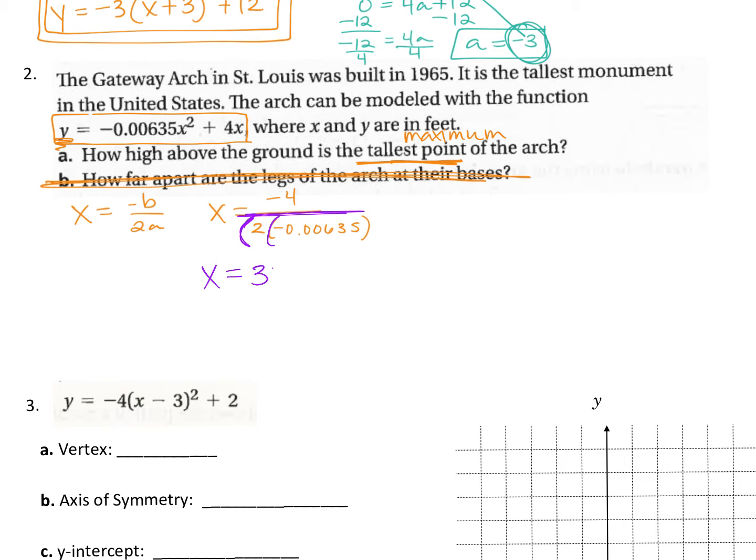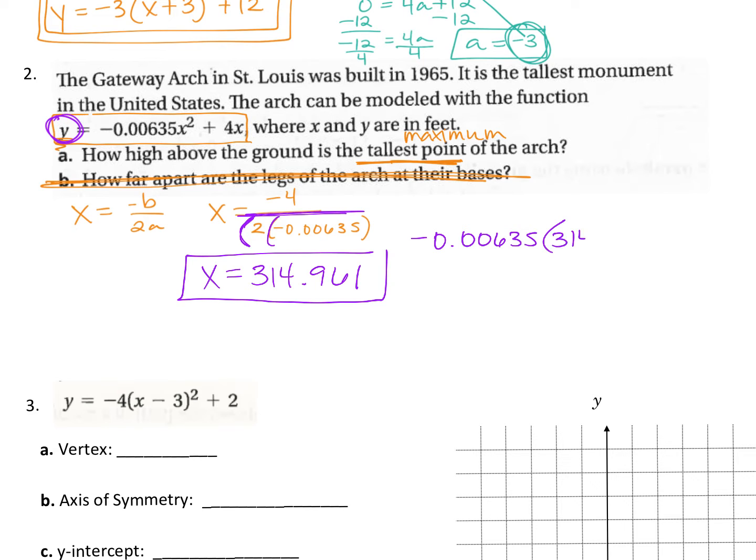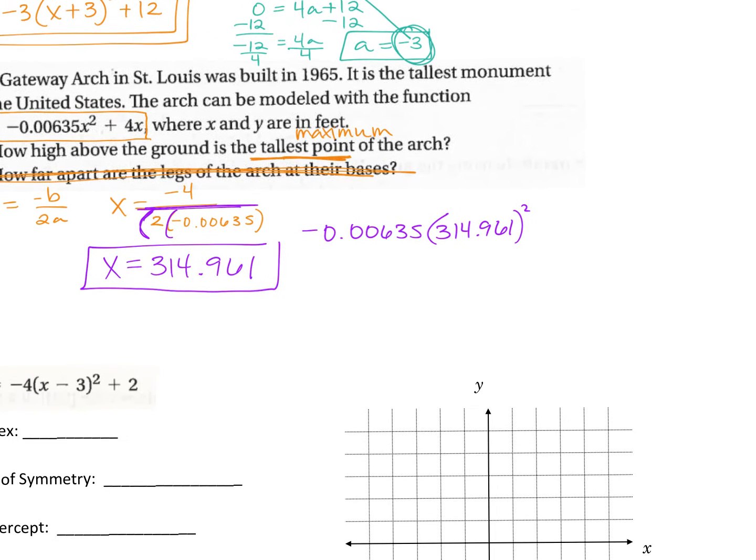X equals 314.961 would be our rounded version to 3 decimal places. Okay. We want to know how high the tallest point is, so that's your y value. So we're going to just plug that in. So it's a negative 0.00635 times 314.961 squared plus 4 times 314.961.